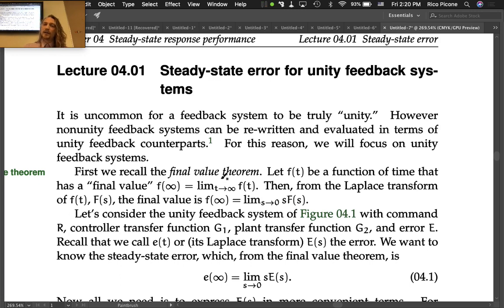Then the final value theorem says that from the Laplace transform of f(t), F(s), the final value f(∞) is the same thing, but instead of taking the limit as time goes to infinity, we take the limit as s goes to 0 of s times F(s), the Laplace transform of the function of time f. So that's kind of cool. You can compute the final value in the Laplace domain. Convenient. We're going to come back to that.